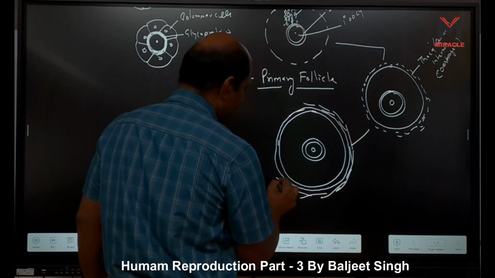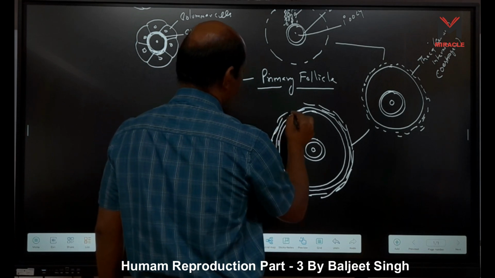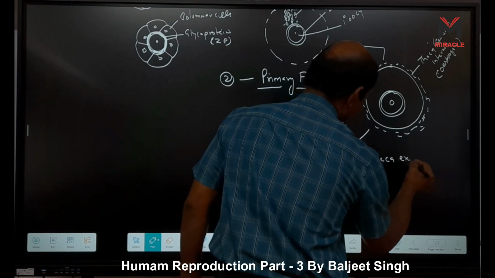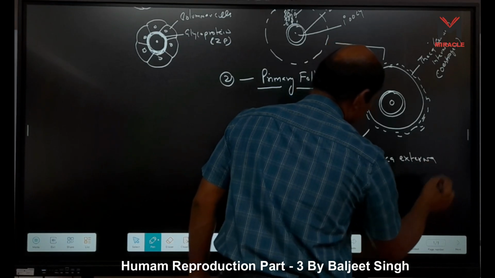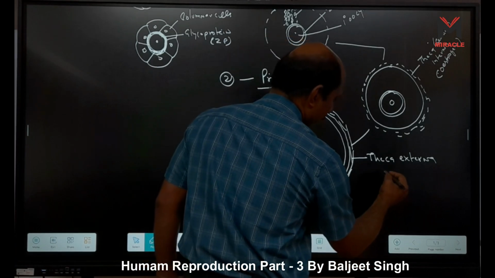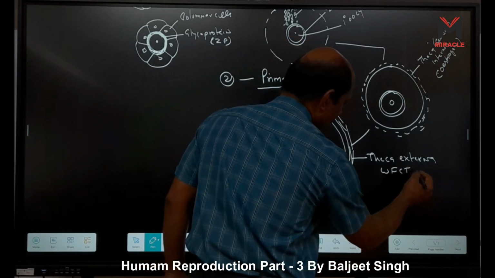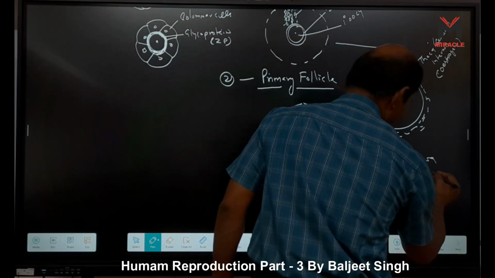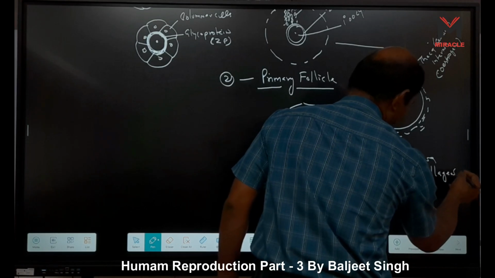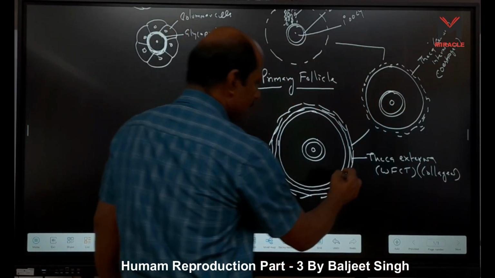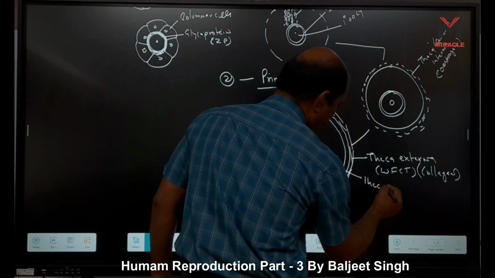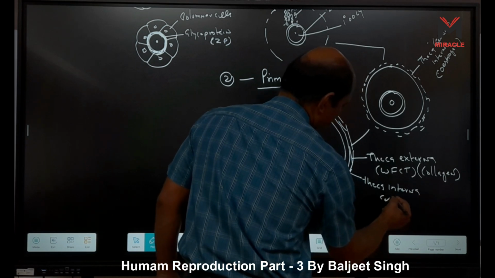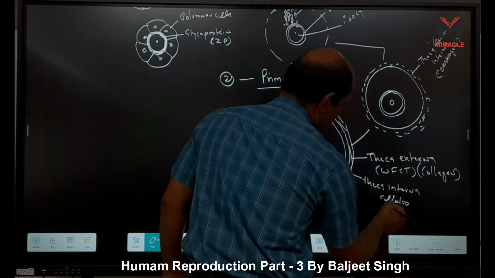This muscular layer is called the theca externa. Theca externa is made up of WFCT, white fibrous connective tissue, meaning collagen fiber, right? Theca interna is cellular, made up of cells. I already read this here.